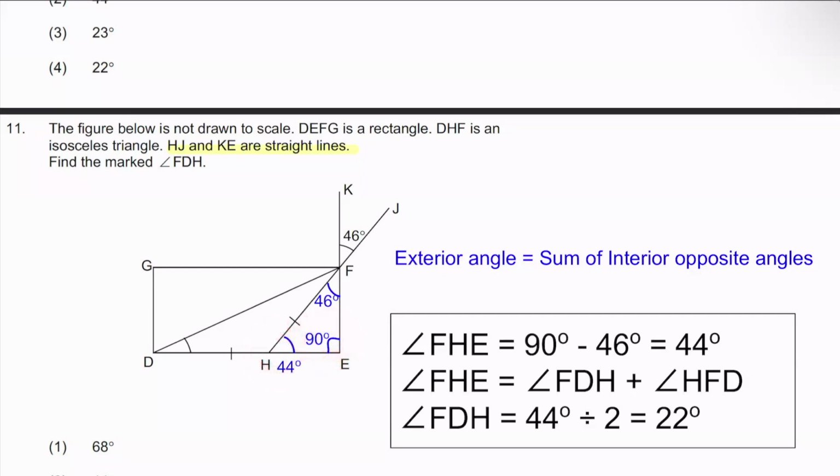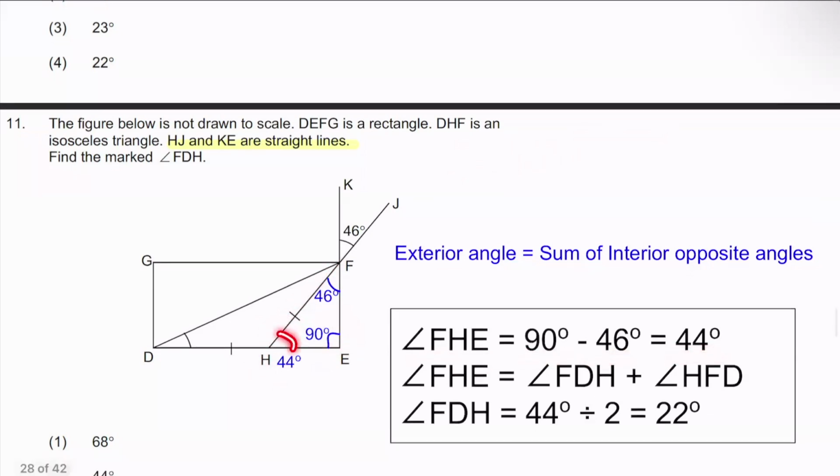You can, right? Because angles in a triangle total 180 degrees. So what is angle FHE? Angle FHE is equal to 90 minus 46. You get 44 degrees. So this is 44 degrees.